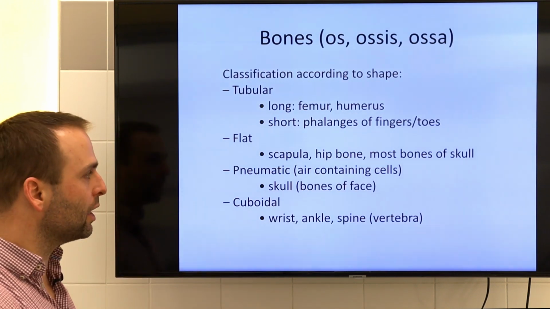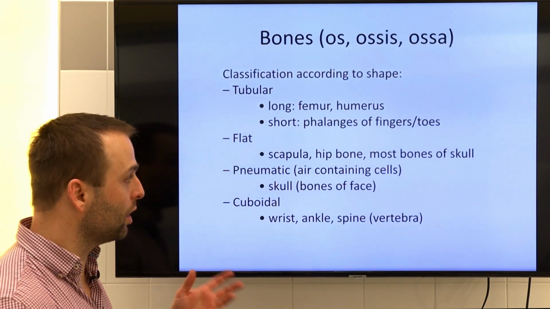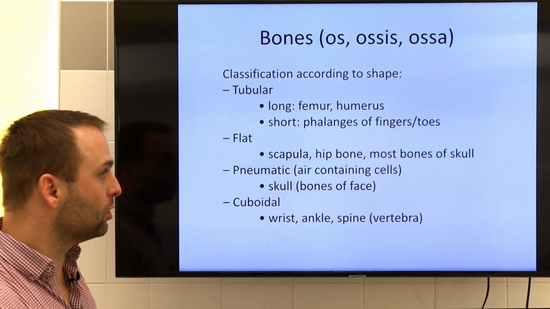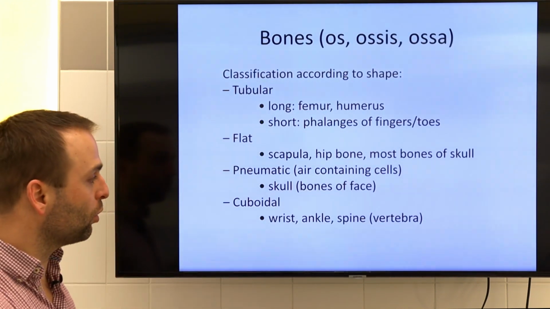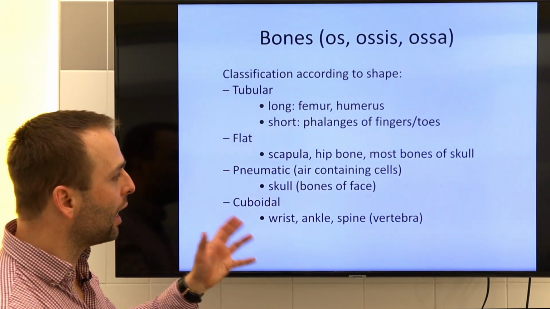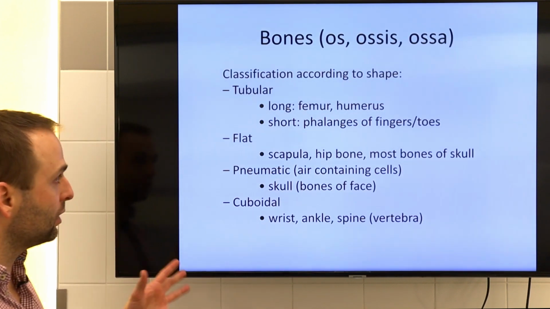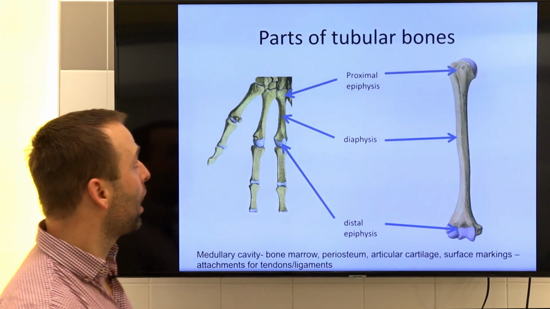Such are called pneumatic bones. A lot of such bones can be found in the facial skull in order to reduce weight and other functions. We will cover these later. There are also cuboidal bones like the wrist, the ankle, and the vertebral bodies are basically cuboidal bones. So this is how you can classify bones according to their shape.